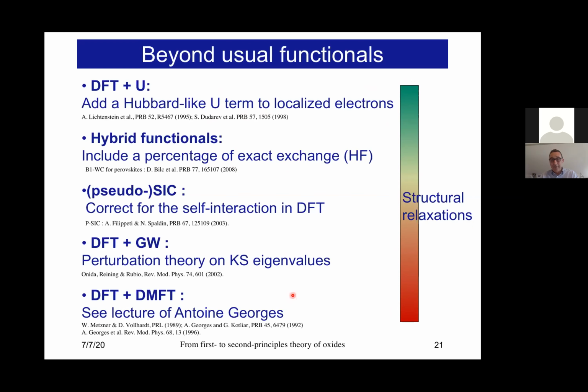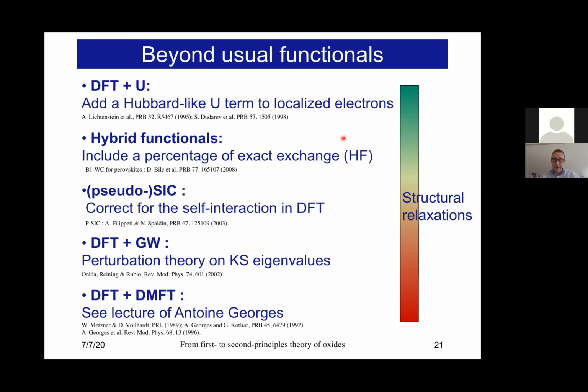So to make structural relaxation, you need to access the energy, and the derivative of the energy with respect to atomic position, that provides you the forces that will allow you to minimize the energy in terms of the position of the atoms. So this is not easy. There were some attempts recently to do that, but it's very difficult. And in practice, people work in this approach on a geometry that has been adjusted at the DFT level.